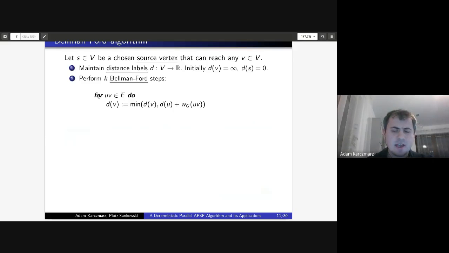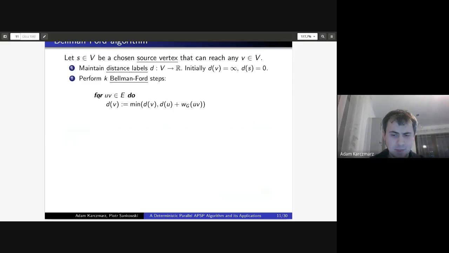Given a source S, the algorithm maintains a vector of distance labels, and initially all these labels are infinite except the label of the source S, which is set to 0. And then a number of Bellman-Ford steps are performed. A Bellman-Ford step relaxes all edges in arbitrary order. To relax an edge uv means to try to improve the best path to v by going through uv as the last edge.